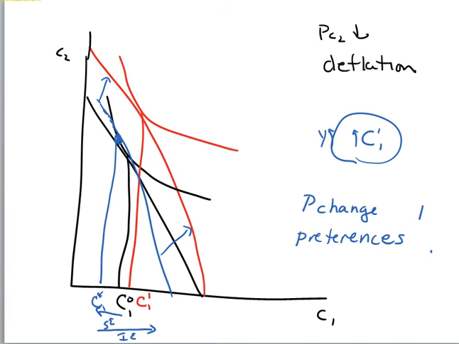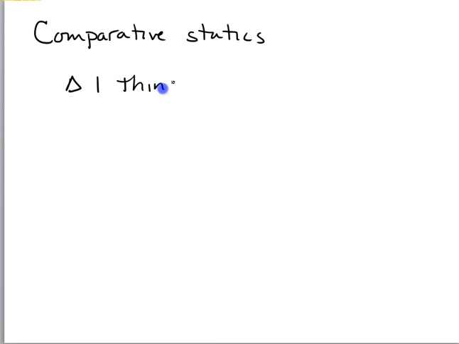So there you have it. We've just covered all of the comparative statics, and just as with anything, when you look at comparative statics, you change one thing at a time.